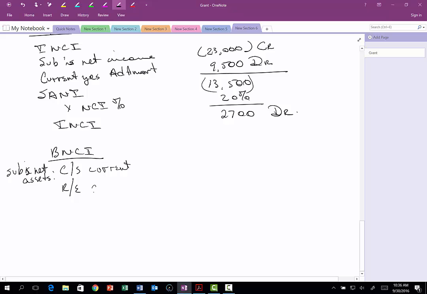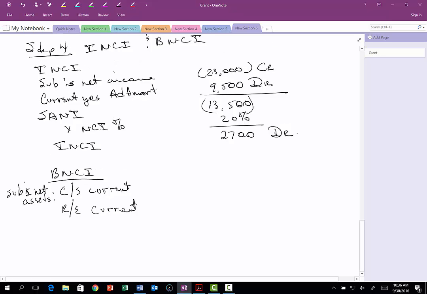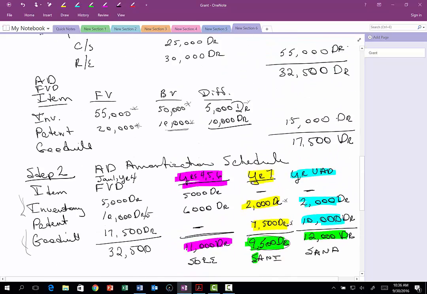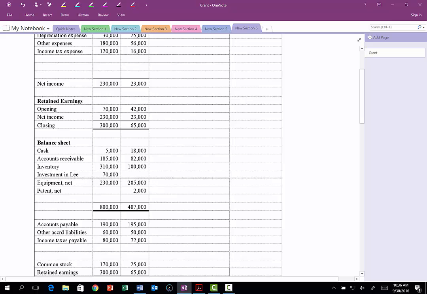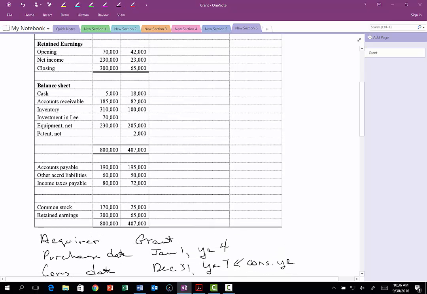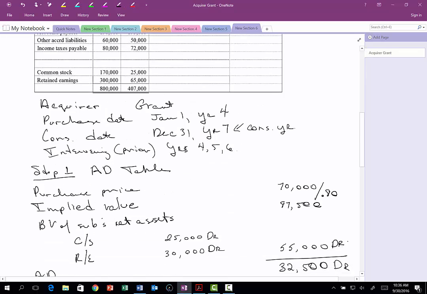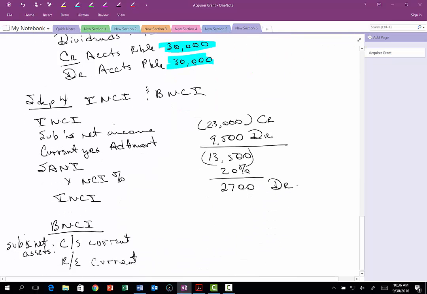You're going to get this from the worksheet. If I scroll up to my worksheet, closing retained earnings is 65, common stock is 25. So that's in fact what I'm using.